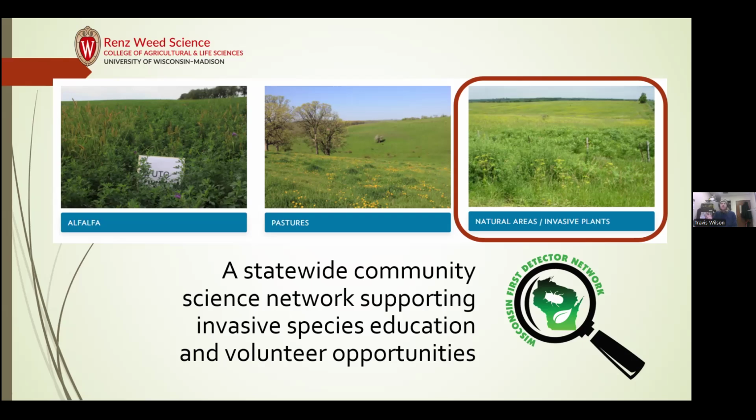And we also have the Wisconsin First Detector Network as a part of our lab, which is a statewide community of science supporting people who help document and keep up to date on invasives that are taking hold in the state, and we want to make sure that we get ahead of that before it gets out of hand.